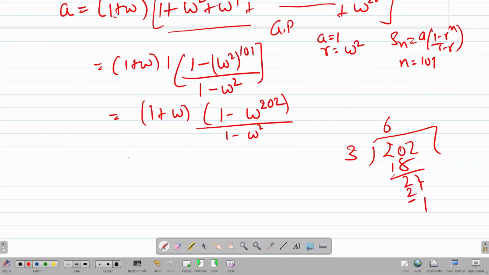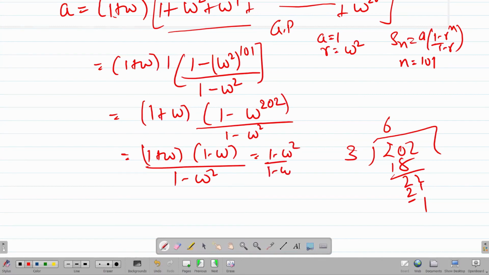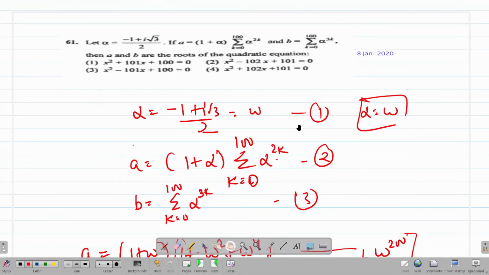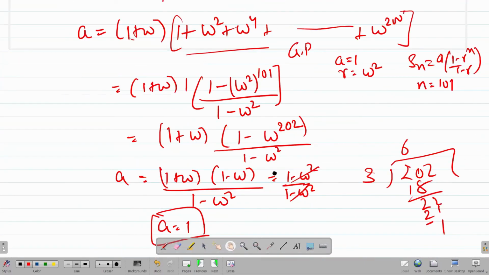So this is 1 plus omega, and this is 1 minus omega in the numerator, and I get 1 minus omega square upon 1 minus omega square. So my A comes out to be 1. In the question we have to find A and B as the roots of one of the following quadratic equations. So I obtain my A as 1.